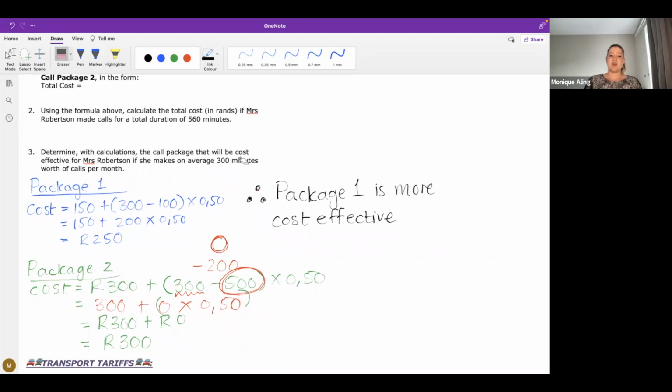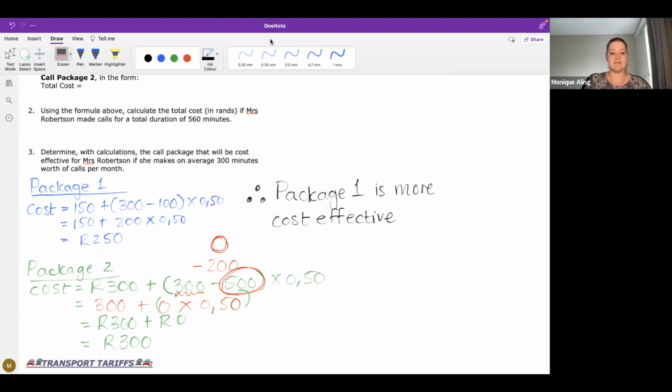Okay, so let me know in the chat. Do you want one more cell phone tariff question or are you happy to move on to transport? Let me know, transport or one more. One more. Good.